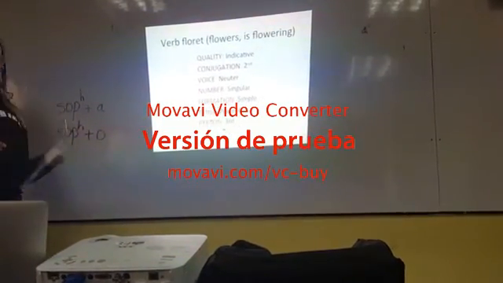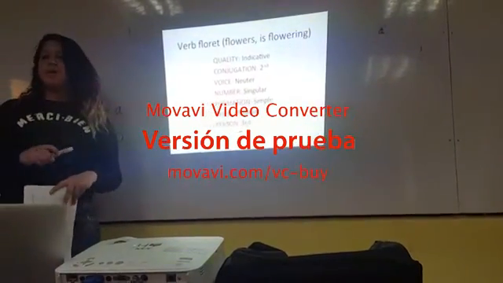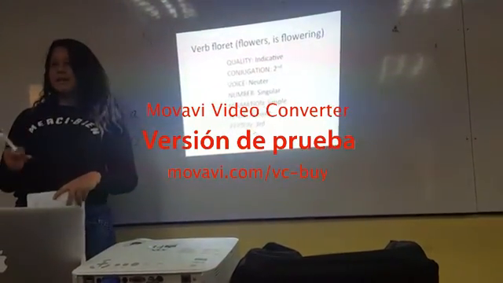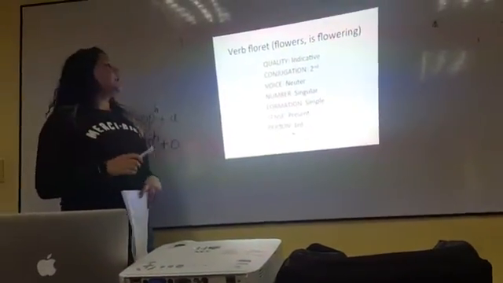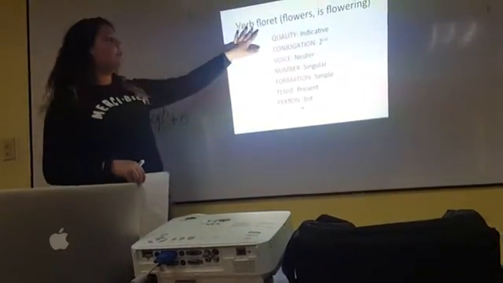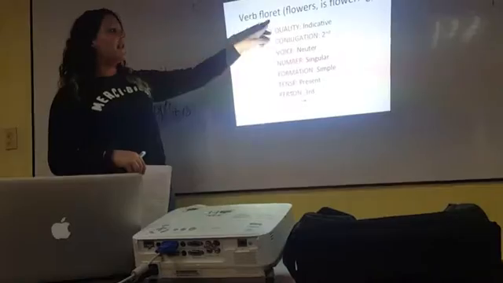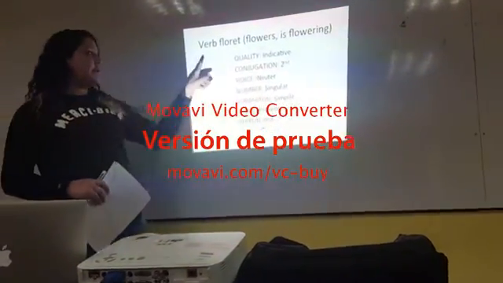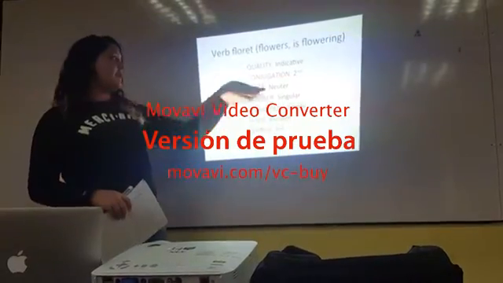Each part of speech was classified, and in Latin it was called accidentia or accidents. We have taken here as an example the verb floret, that means flowers or is flowering. First, its mood, that is indicative.